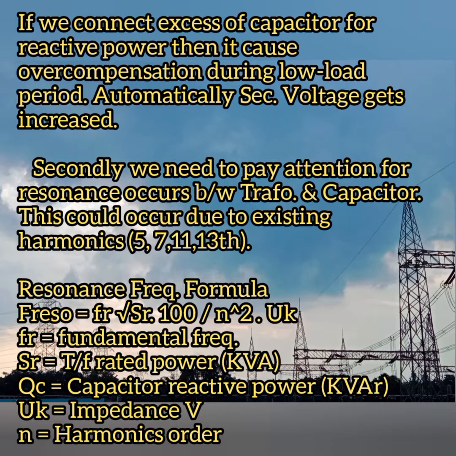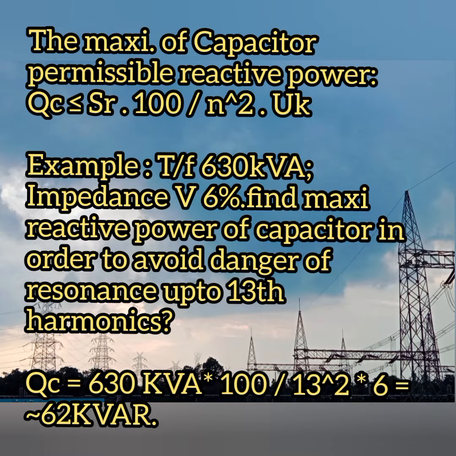Here Fr is the fundamental frequency, SR is the transformer rated power, QC is the capacitive reactive power, UK is the impedance voltage, and N is the harmonic order. Then the maximum permissible capacitor reactive power is QC less than or equal to SR into 100 divided by N square into UK.